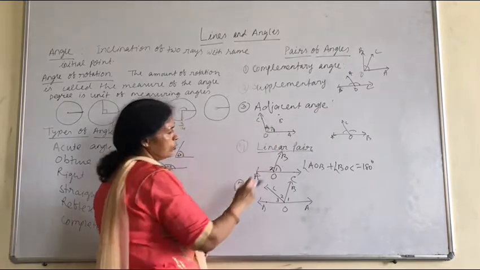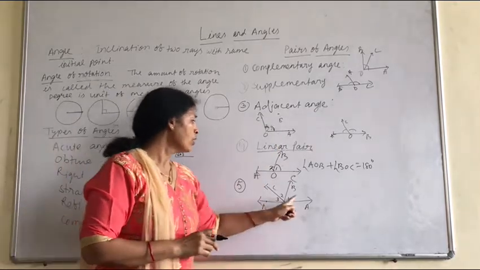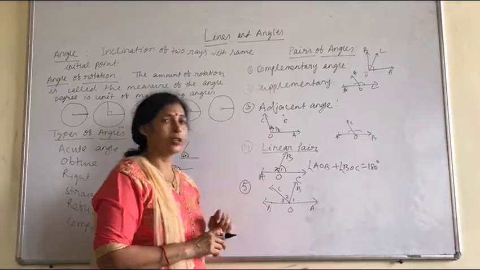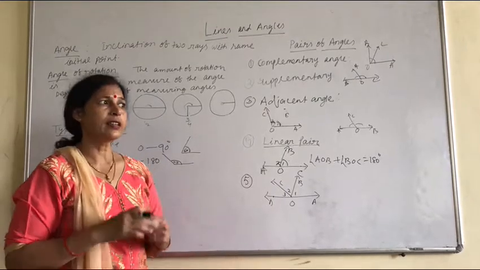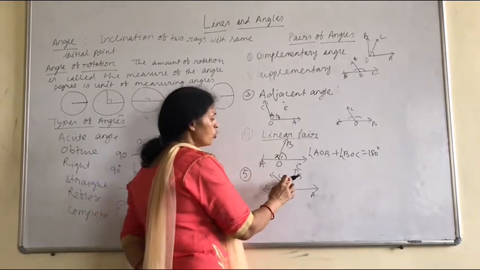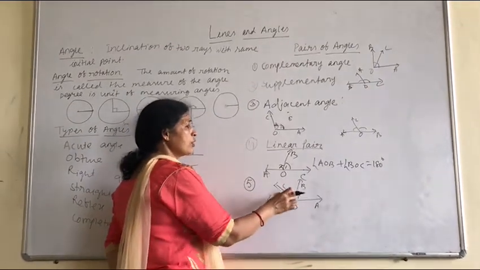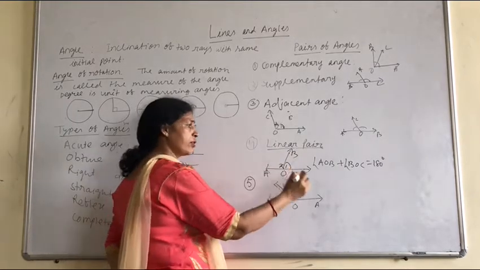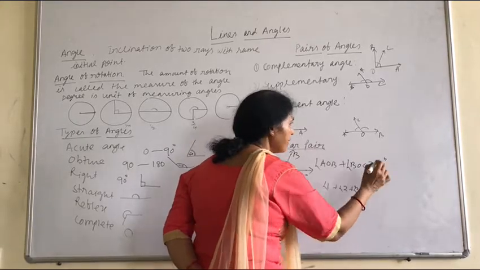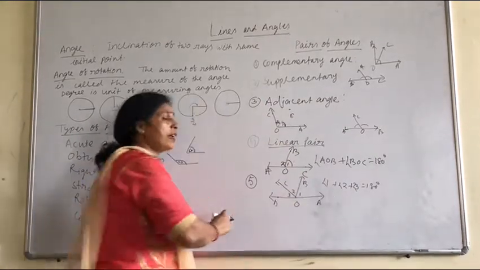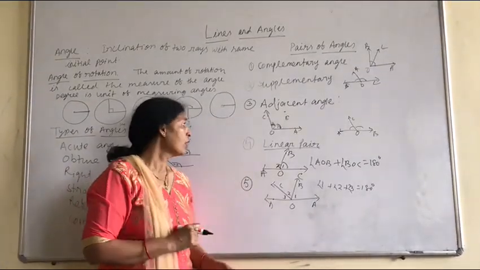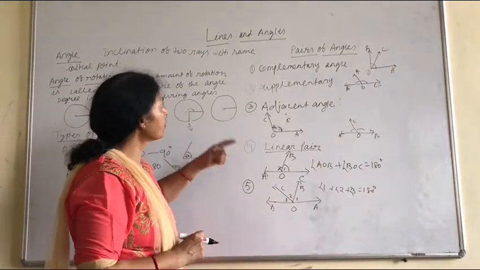Angle AOB, BOC and COD are angle 1, angle 2, angle 3. 1 and 2 are adjacent, and 2 and 3 are also adjacent. So angle 1 plus angle 2 plus angle 3 is 180 degrees. DA is a straight line, a straight angle of 180 degrees.